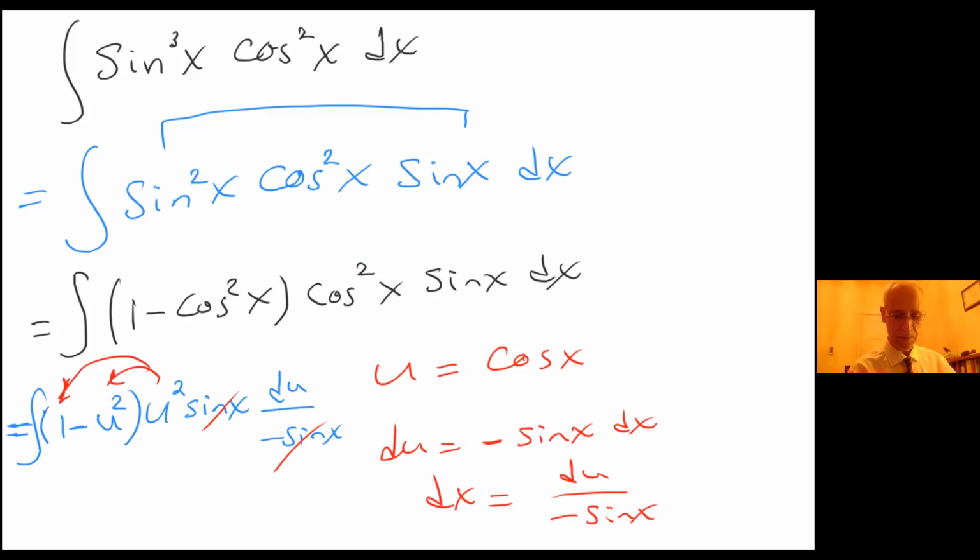Let me go to the next page. So that equals, bring the negative out, integral of u squared minus u to the fourth du. One thing I can do here is notice that I have a negative outside and a negative inside.